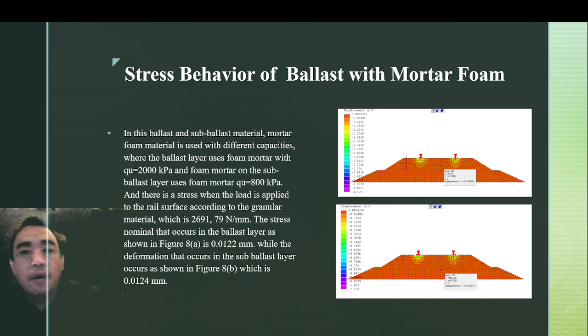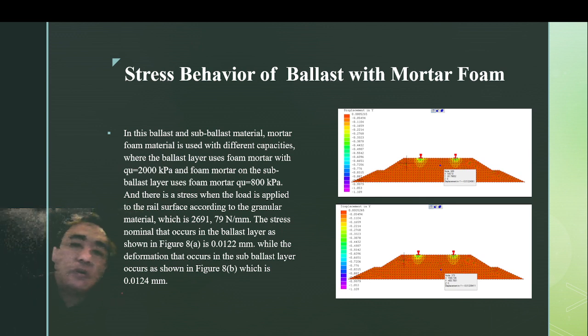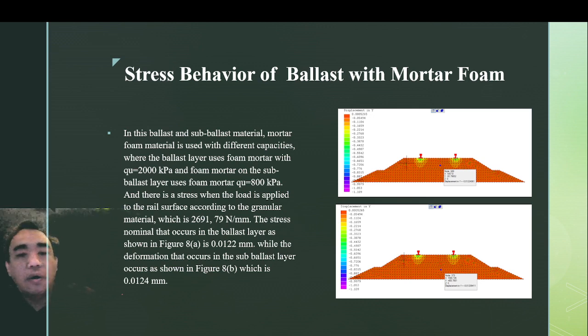This is the stress behavior of ballast with mortar foam. In the ballast and sub-ballast, mortar foam material is used with the frame capacity, where ballast uses mortar foam Q 2000 kPa, and sub-ballast uses mortar foam Q 800 kPa, and the stress when the load is applied to the rail surface follows the granular material load.